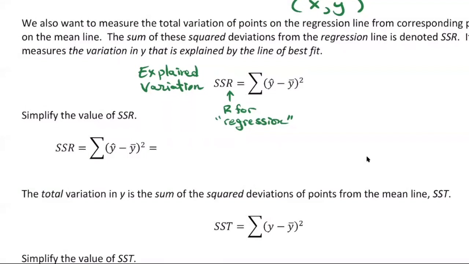Okay, so we know that this SSR is the explained deviation. We can always take a difference of y coordinates and say, let's take the standard deviation of y squared and subtract the corresponding z-score. So this is the z-score of y hat minus the z-score of y bar, squared like that.